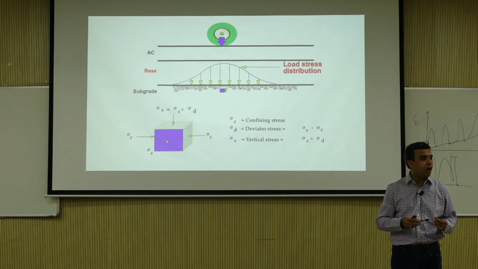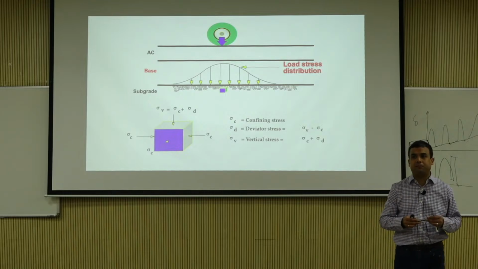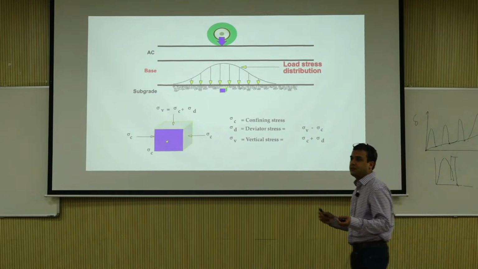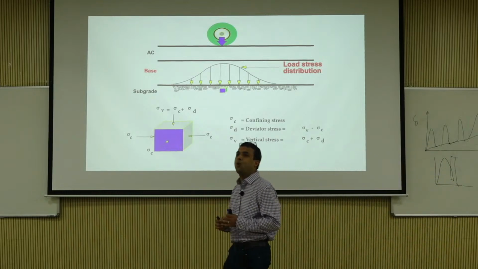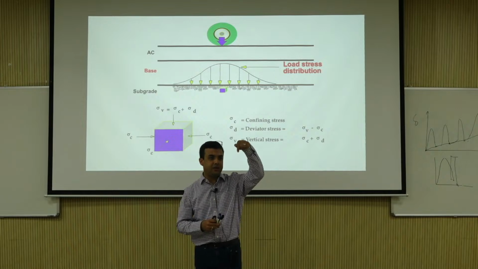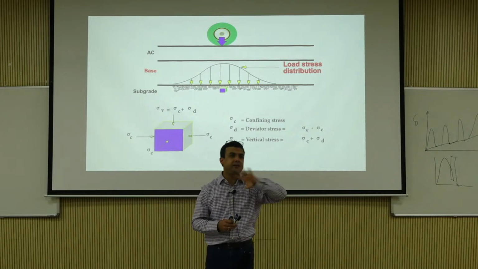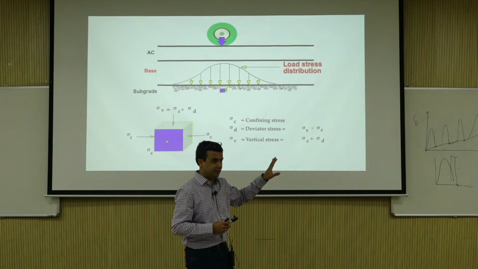So it's not always the vertical major principal stress, horizontal minor principal stress; that is true only when the load is directly on top. If the load is moving, the directions have changed, right? So you need to remember that.